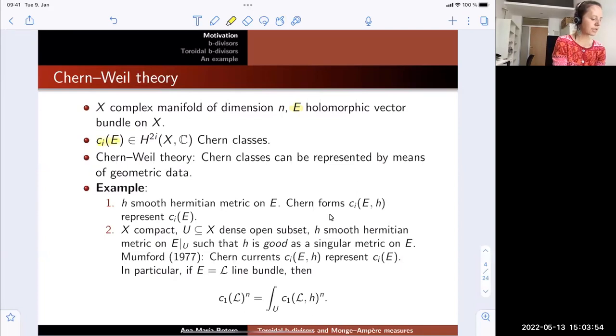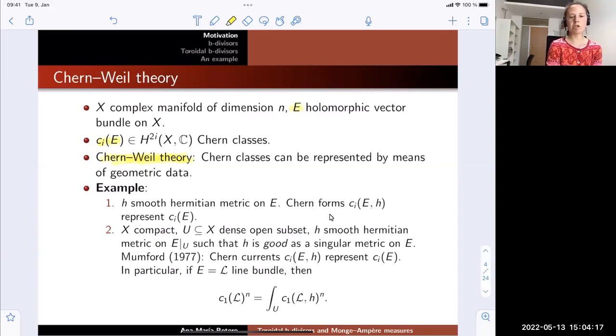These are topological invariants which measure in some way how far E is from being trivial. And then Chern-Weil theory says that the Chern classes can be represented by means of geometric data, in terms of currents and forms in the de Rham cohomology.